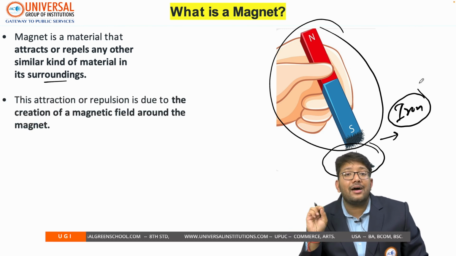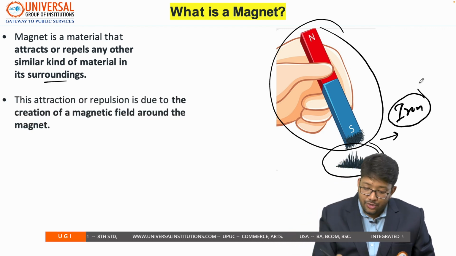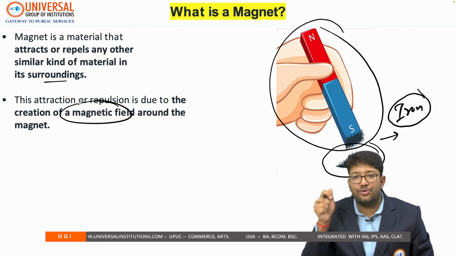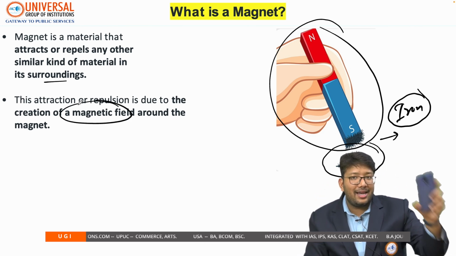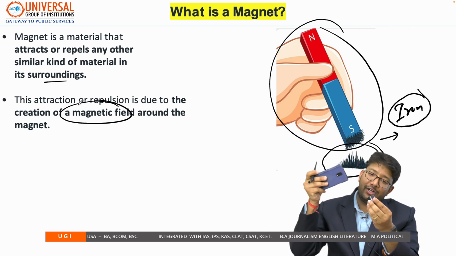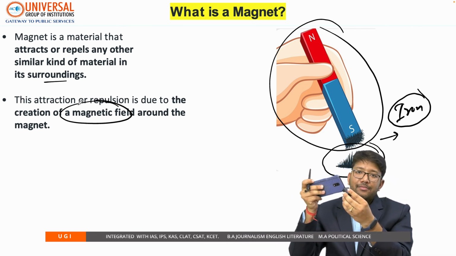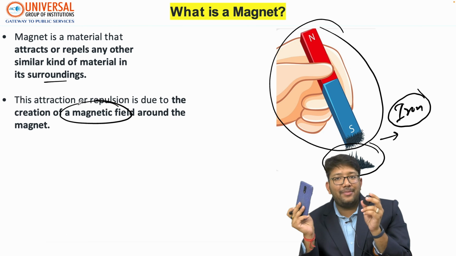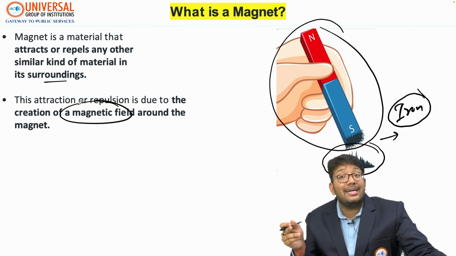So why is this attraction or repulsion going on? If you have one magnet like this, and this is the iron, if I put this magnet nearby, the iron will try to come near it. So why is this happening? This is happening due to the magnetic field.